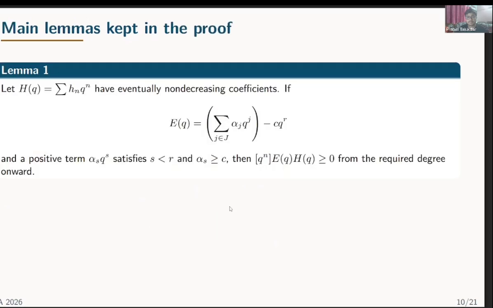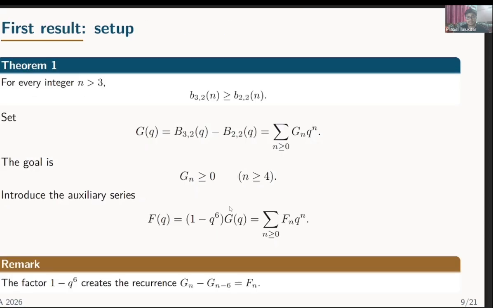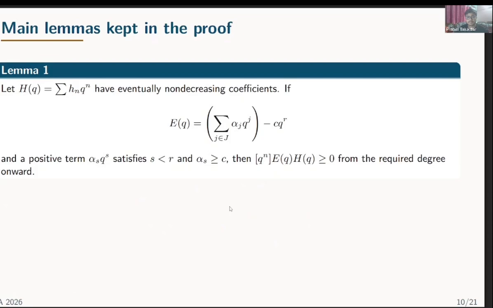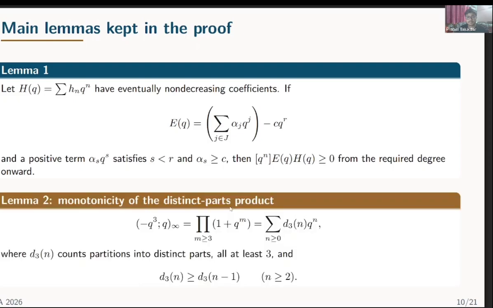Before proving the positivity of f, I will state two lemmas that make the sign argument work. Lemma 1 says that suppose h has eventually non-decreasing coefficients. If h is multiplied by a polynomial with one negative term, then an earlier positive term can dominate that negative term from a certain degree onwards.